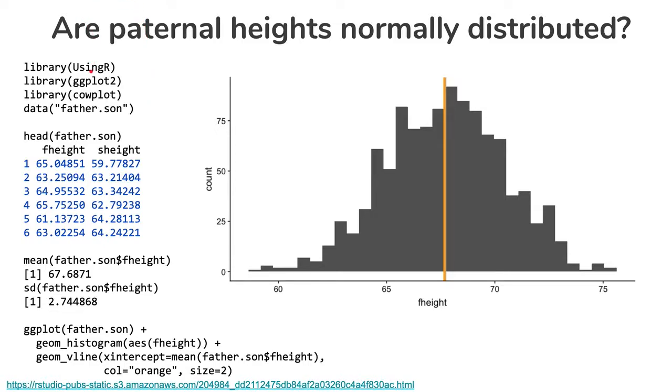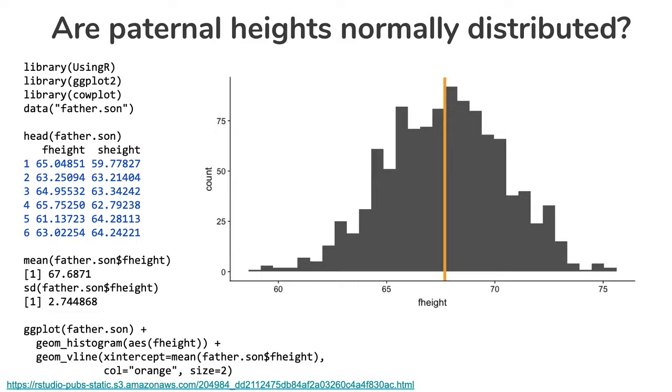And this UsingR library has a bunch of really cool built-in data sets that allow you to just poke around and try different things with R. And one of them is this Galton data set. There are two data sets in the UsingR package. One is called Galton. The other one is called father.son. We're using the father.son data set because it has these height values to really high precision. The Galton data set, I think, just has it in inches with no sub-inch precision.